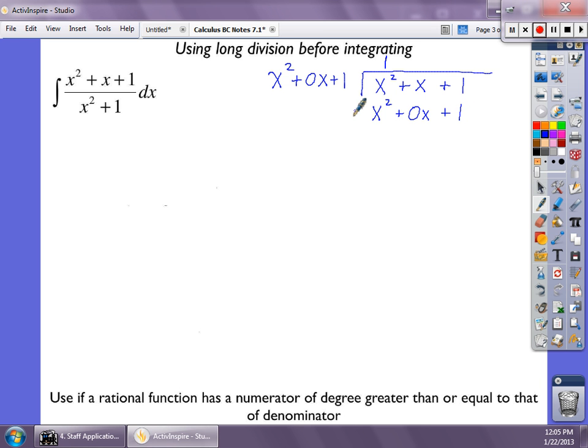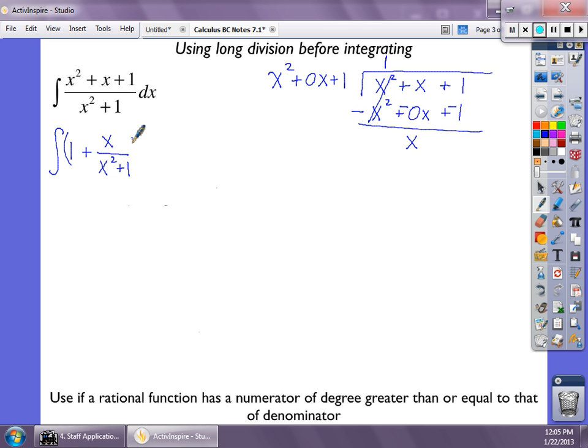And don't forget, we are going to be subtracting each of these, so I'm just going to change the signs. That reduces there. X minus 0x is x. 1 minus 1 is 0. And so our solution here can be rewritten as the integral of 1 plus x over x squared plus 1 dx.